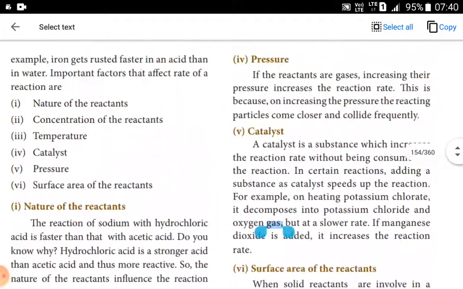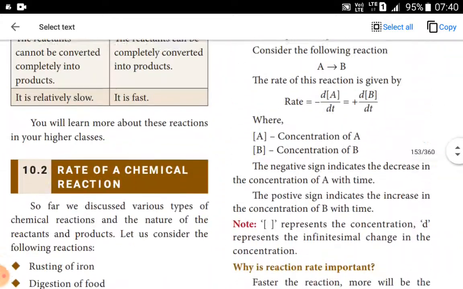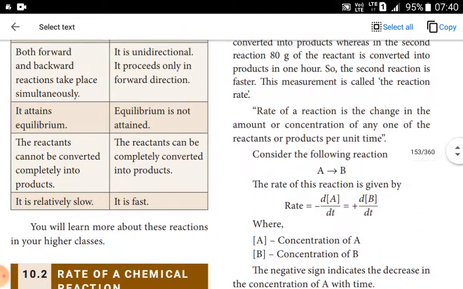And the rate of reaction is defined as the change of amount or concentration of any one of the reactant or product.